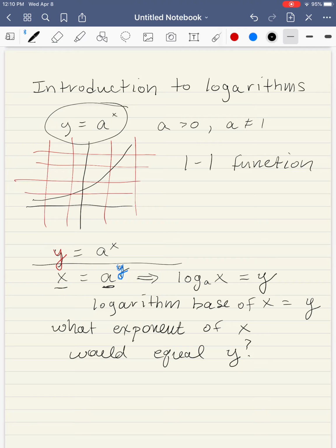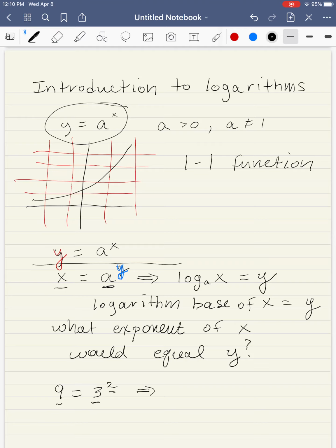I think all of you are very aware that nine is equal to 3 squared. This is an exponential statement saying 3, my base, to the power of 2 is equal to 9.